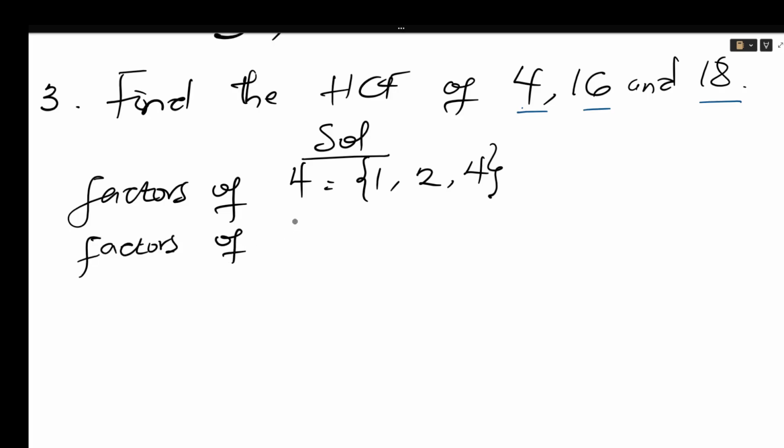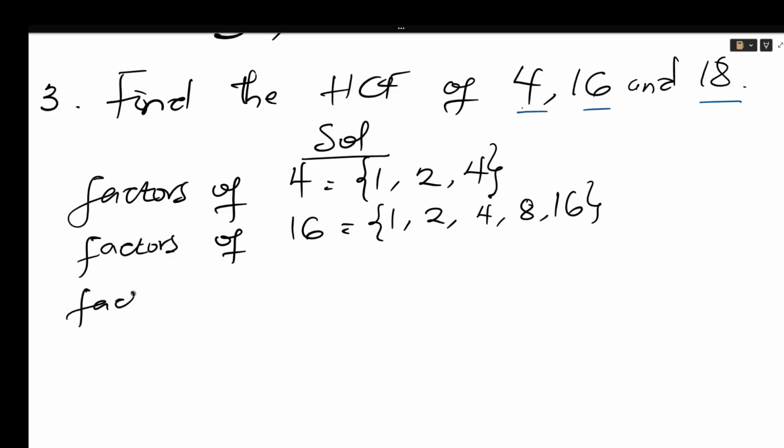And factors of 16, we have 1, 2, 4, 8, and 16.